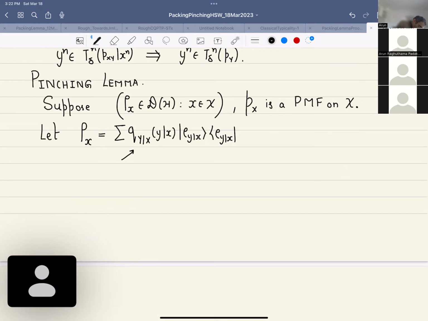So we define our conditional typical projector. Recall the conditional typical projector, pi rho xn: you take all those Ey1 given x1 tensor all the way until Eyn given xn.